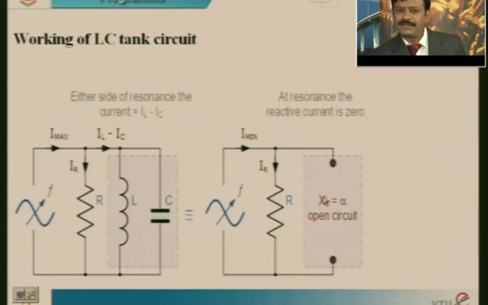Reactance will become infinite, so the circuit will be open. If the total reactance is infinite, then the circuit will become open, and no more current flows through it. The total current is equal to the current flowing through the resistance.